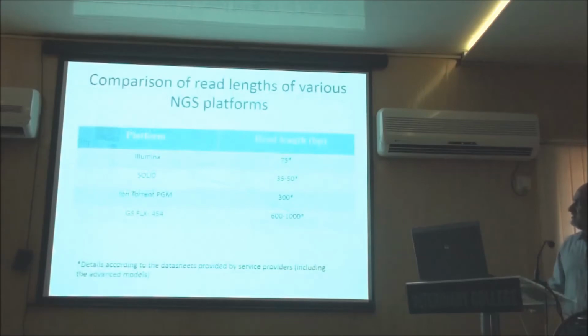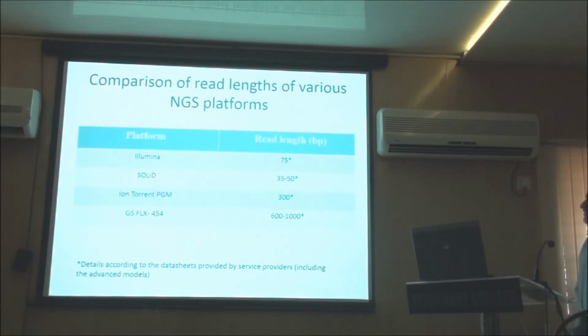But there is one fact we should remember, as you would probably know by this time: these platforms have very short read lengths. Illumina, depending on which chemistry you use, generates 75 bases, or nowadays 150 bases, or 150 into 2, so at the most 300 bases of sequence in a single read.